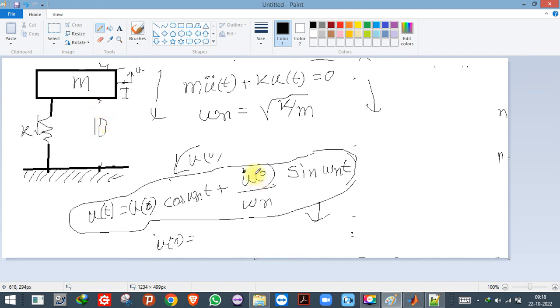Let's say you have been given this setup where a mass is attached to a spring, and you simply pull this mass upward and leave it. You have simply given a little bit of displacement and you leave it. So what will happen, it will vibrate like this. Once you have pulled it up, it will go up, then again come down, go up, come down, like this. So you have been asked to monitor the response for 10 seconds. So t equal to 10 seconds.